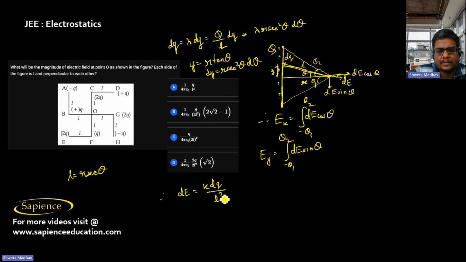And similarly dE will be k dq by L square, where k is 1 by 4 pi epsilon naught. So it is lambda r secant square theta d theta divided by 4 pi epsilon naught into L square. L square is r square secant square theta. Secant square theta will cancel, and r will cancel. So this will be lambda d theta by 4 pi epsilon naught r.